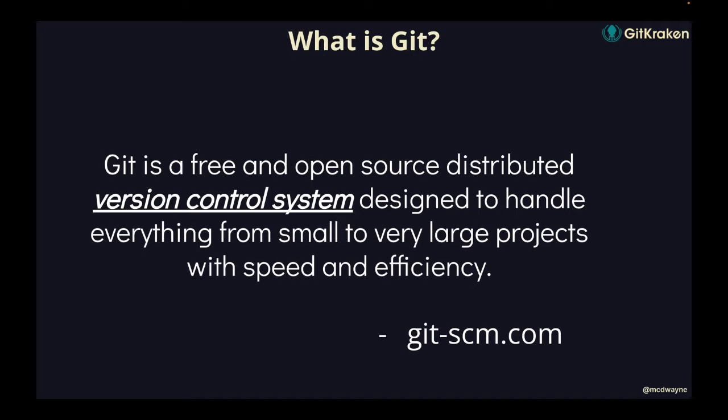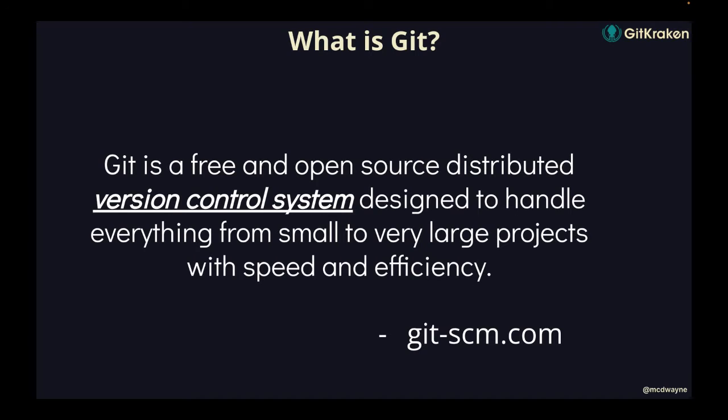But Git is a free, open source, distributed version control system. Version control is simply the idea that you're tracking versions. So you have a file, you make changes to it, and then you write down what you did to make those changes, and you explain yourself as the author of those changes.